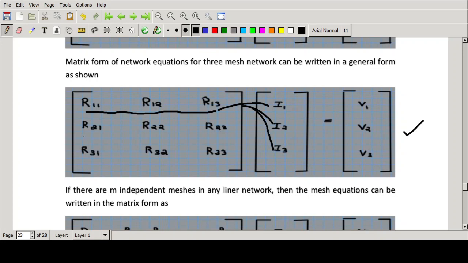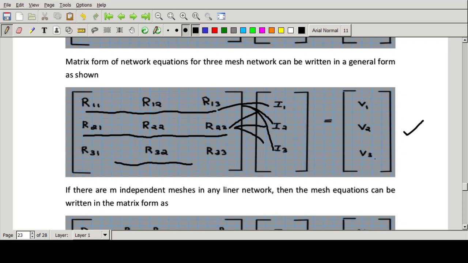Similarly, R21, R22, R23, the resistance terms corresponding to mesh number 2, again for I1, I2, I3. Similarly, this is the resistance matrix for the third mesh. Here the current variables are I1, I2, I3 and the voltage variables are V1, V2, V3.